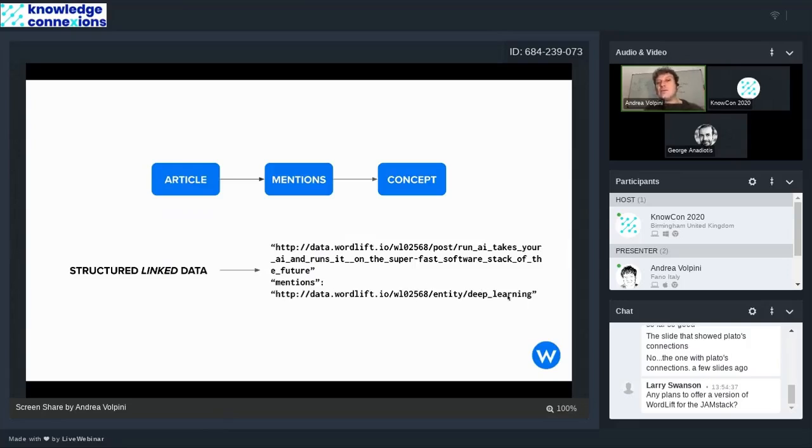Okay, so that's how we have created the knowledge graph, starting from the content that George has written. We could be way more structured than this, but of course this is out of the scope of today's goal of creating a long tail strategy.